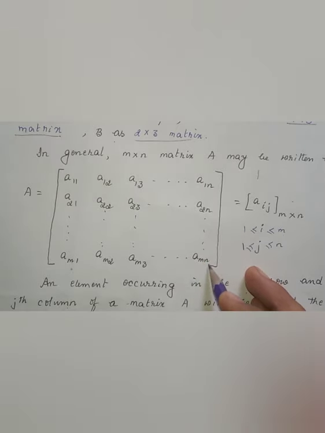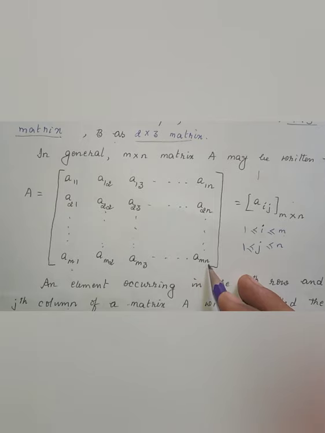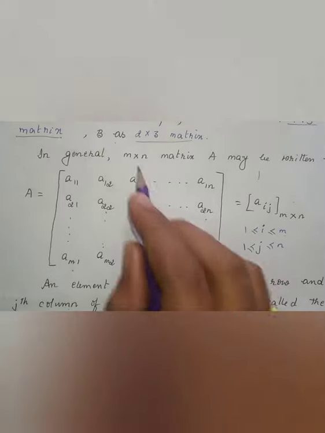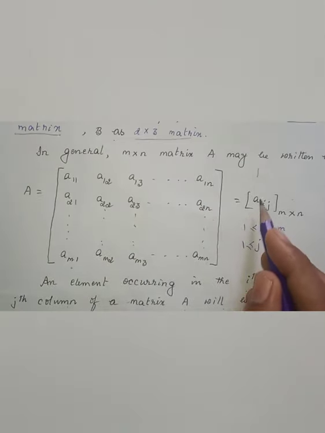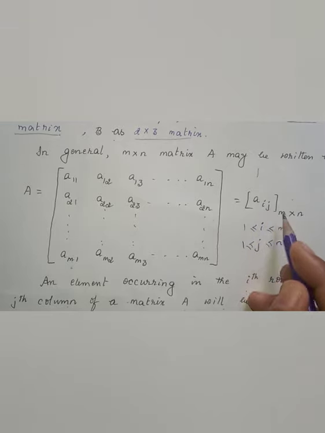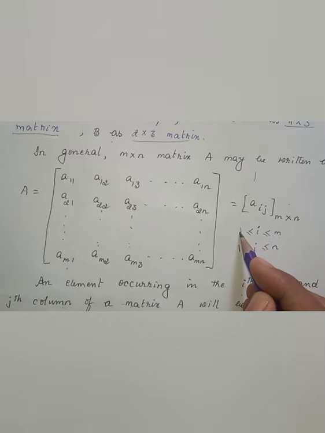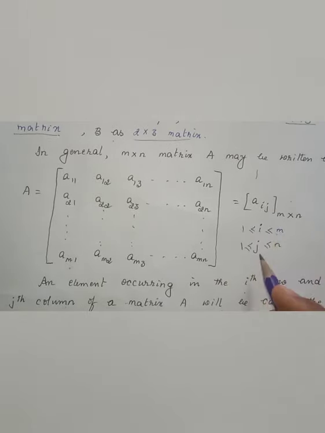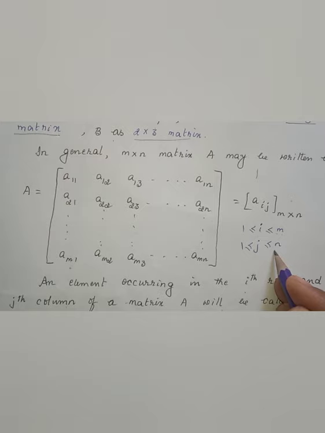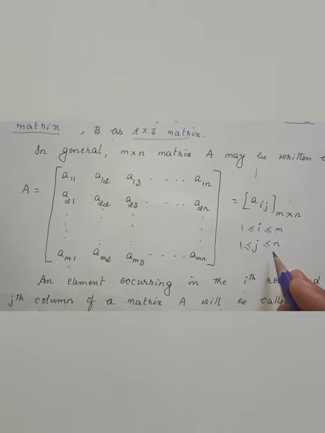Or we can also represent the matrix A of order m by n as A equals Aij of order m by n, where i varies from 1 to m, because i is the index for rows, with minimum 1 and maximum m, and j is the index for columns, with minimum 1 and maximum n.